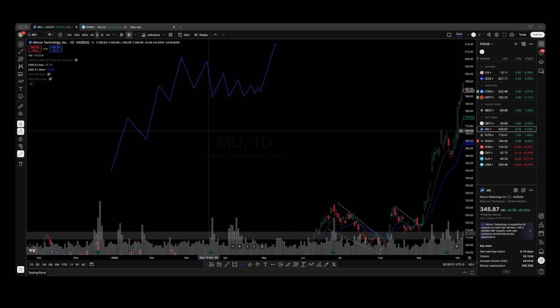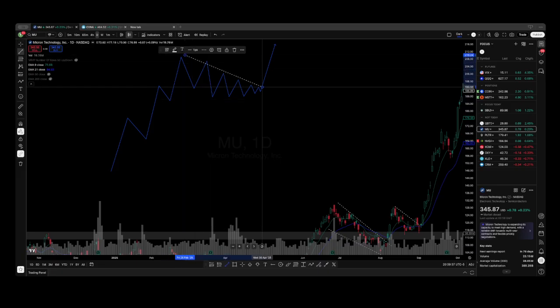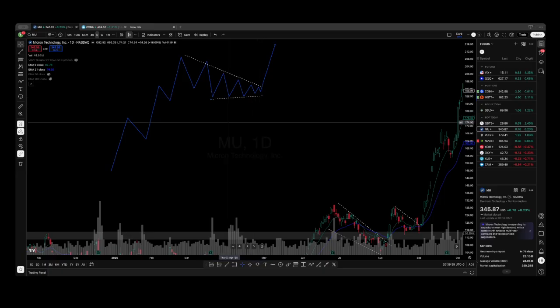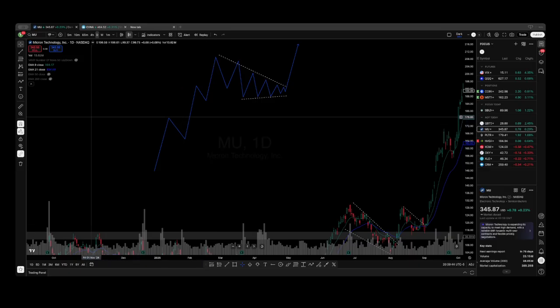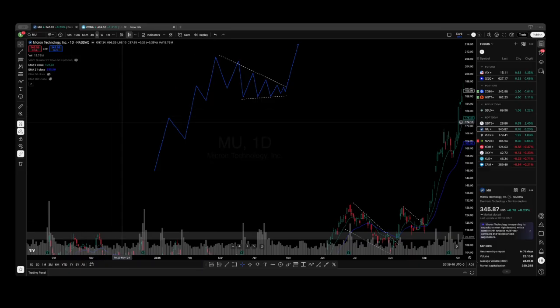What is actually happening here is that price is getting very compressed between two trend lines. And the way that stocks work, and you guys know I'm mainly an options trader.